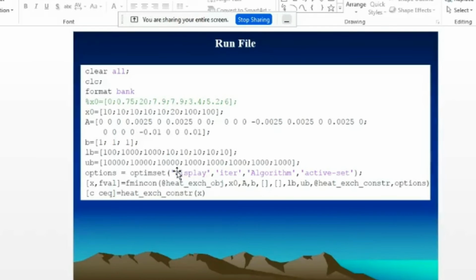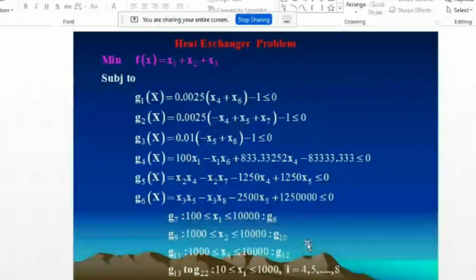So here we have linear inequality constraints, but we don't have linear equality constraints from the given problem, right? From the first constraint we will get a linear inequality constraint, and again from the second one also we will get a linear inequality constraint. With further simplification we will get linear inequality constraints, whereas G4 is nonlinear, here x1 x6 multiplication.